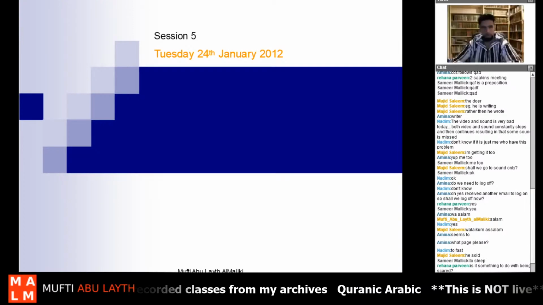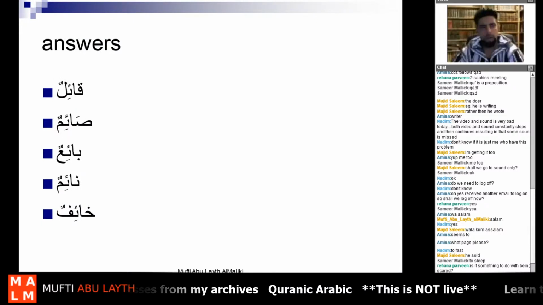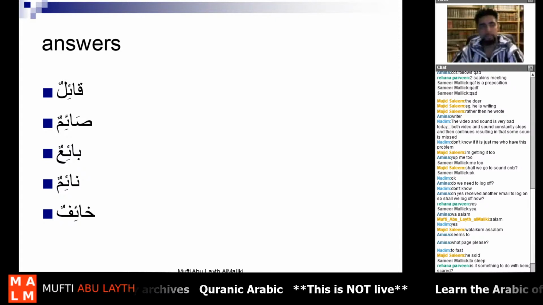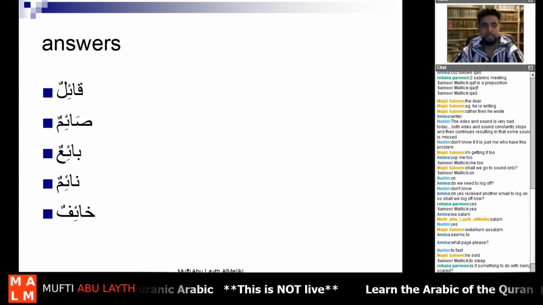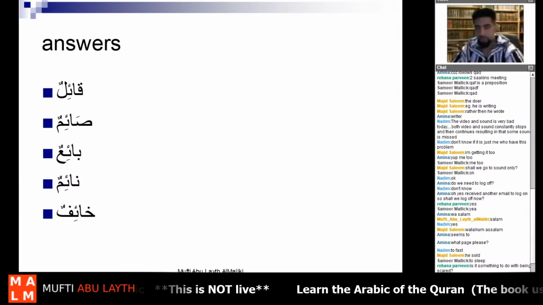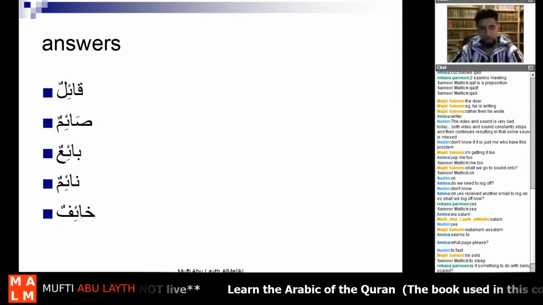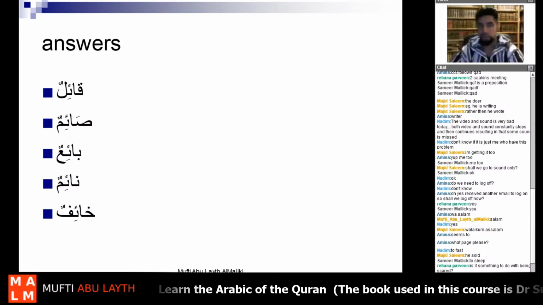Right, so here we've got the answers in front of us. Qala became qa'ilun, Sama became sa'imun, Ba'a became ba'i'un, Nama na'imun, and kha'ifun. These are active participles describing people.